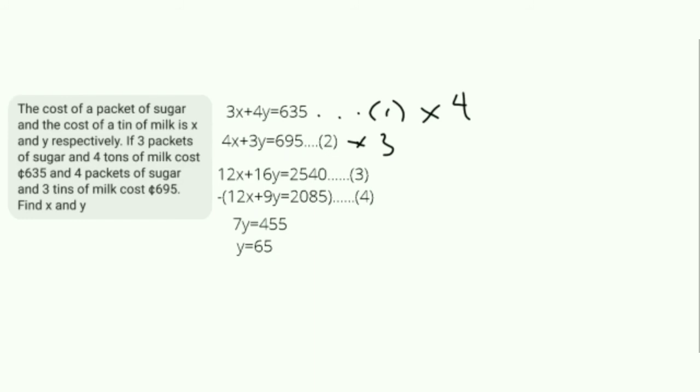After doing this, we can substitute y, which is 65, into any equation at all, being equation 1 or equation 2, and solve for x.